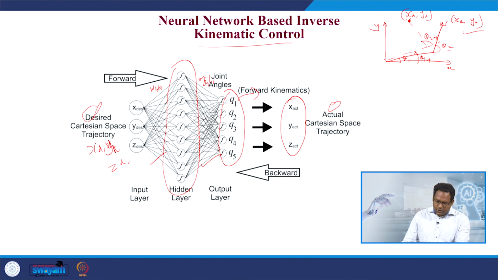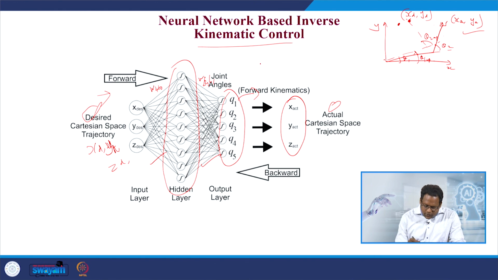These two weights are updated, and then with the updated weight parameters, another input vector representing a different Cartesian position for the robotic system is given, and the process is continued until the error is minimized under a tolerable value.